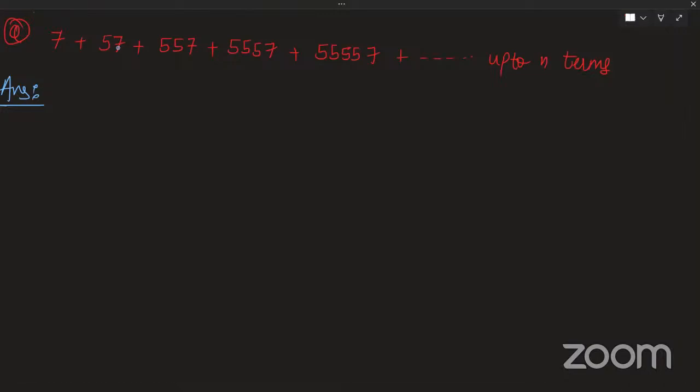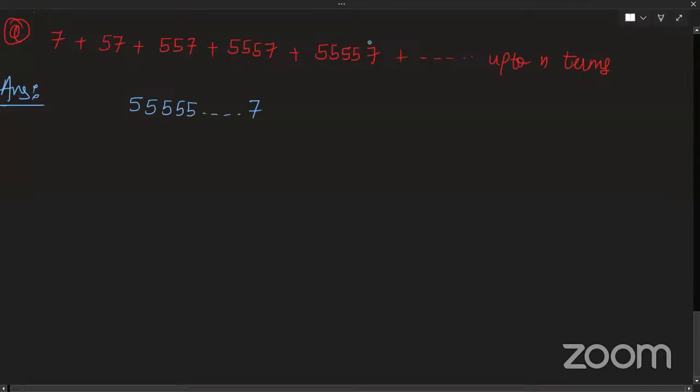The first step is to pull out any of these terms. Wait, I will tell you. See how you can do it. You can just pull any random term from this series.